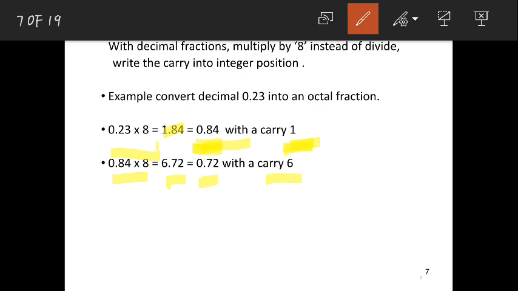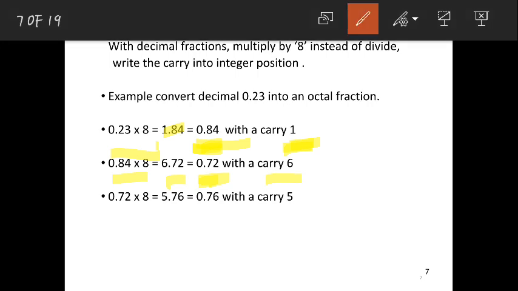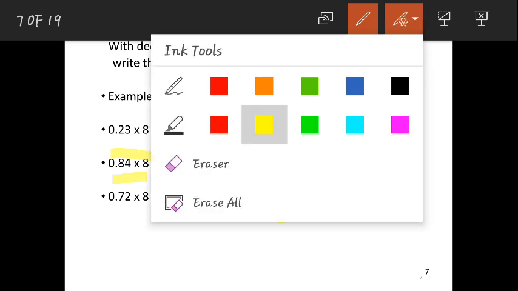Again you multiply 0.72 by 8, and when you did that, you got 5.76. Again 5 is the carry. Then you got 0.76. Now 0.76 needs to be multiplied again by 8.